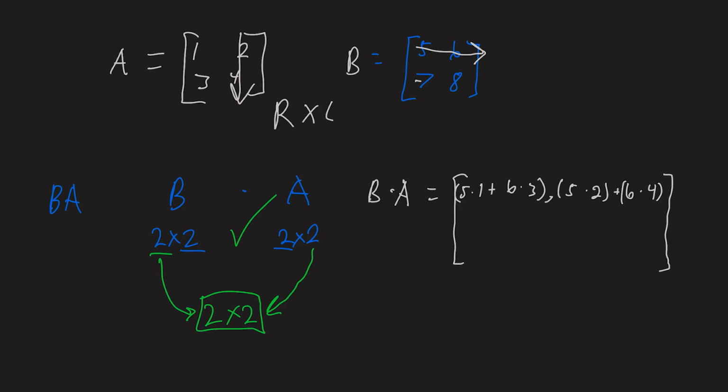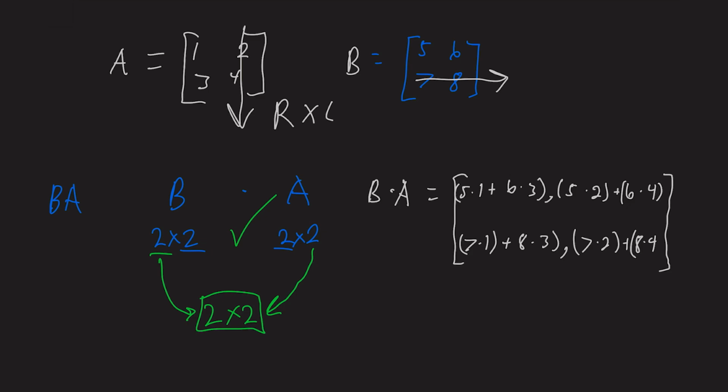So I'm going to take row 2 and multiply it by column 1. That's going to be 7 times 1 plus 8 times 3, comma. Remember, first times first, second times second. Finally, I'm looking at row 2 times column 2, this area right here. That's going to be 7 times 2 plus 8 times 4.